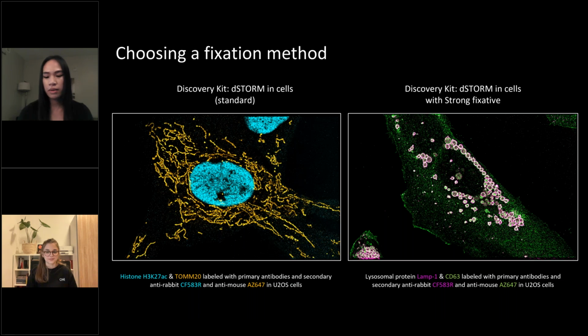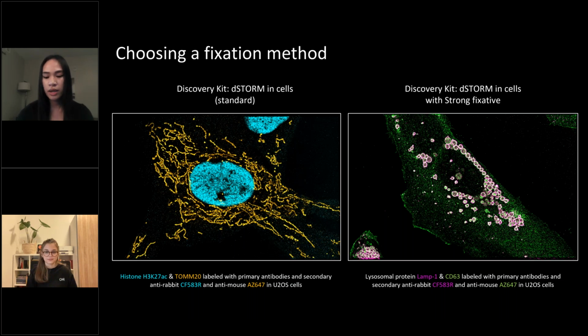Here we have CF583R and we have TOM20 labeled in AZ647. In this condition, a permeabilization step was used to stain these intracellular targets. Though if we were just looking at an extracellular target, then we wouldn't require a permeabilization step.